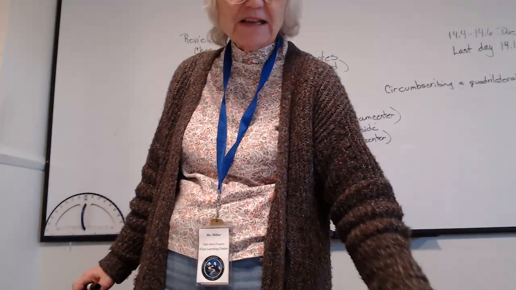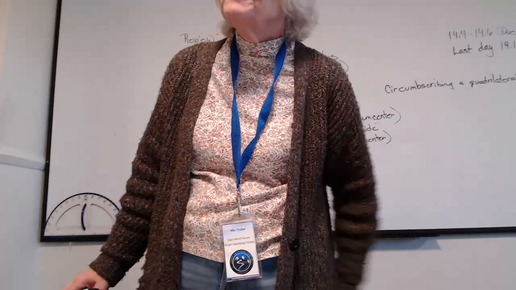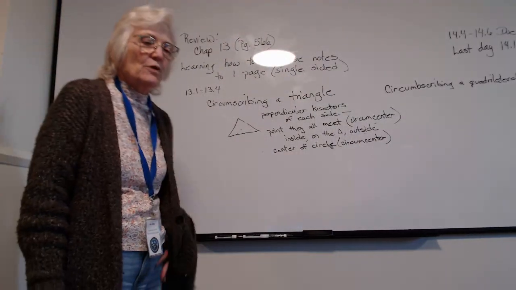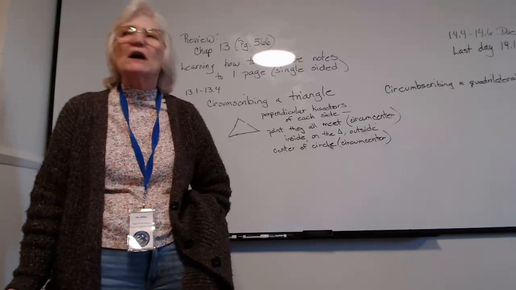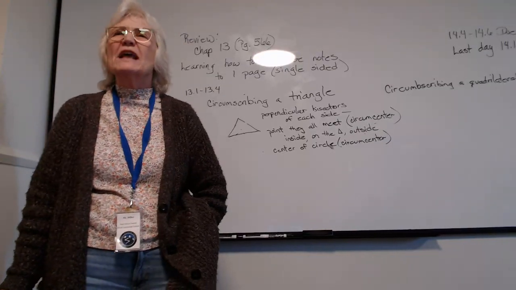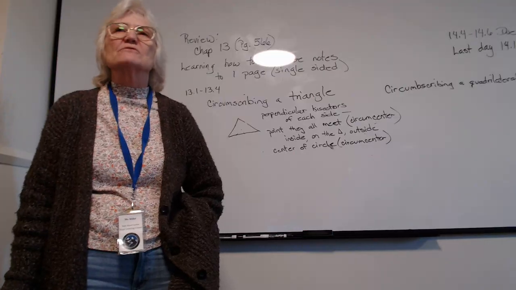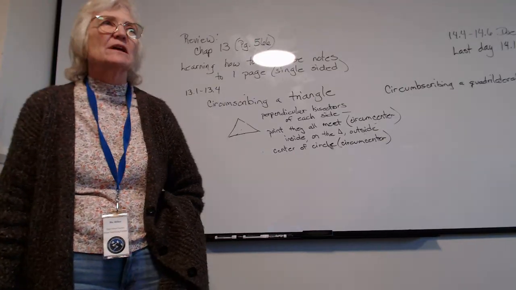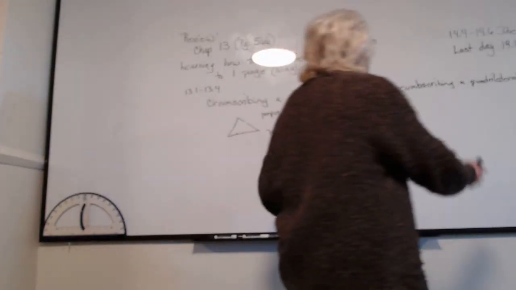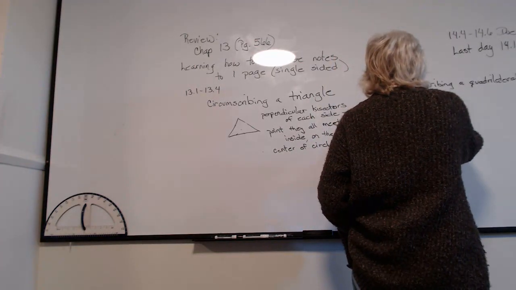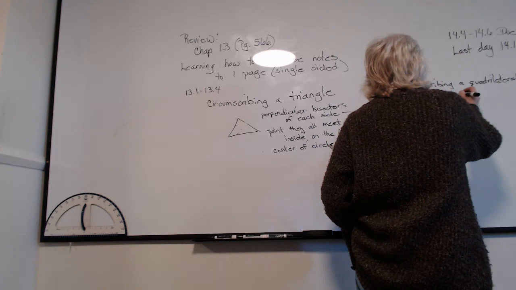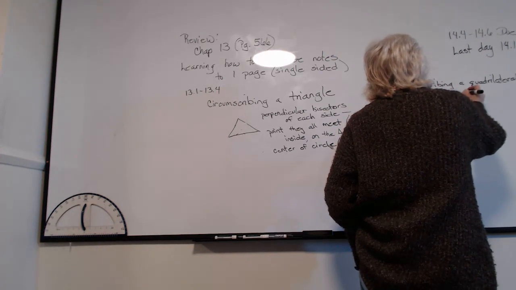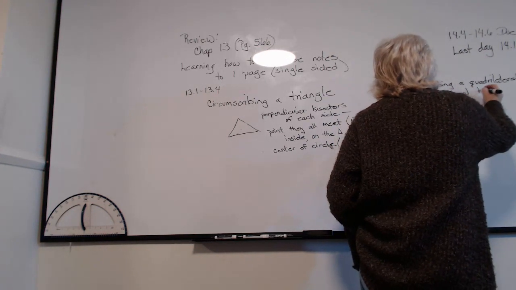A trapezoid, or a rectangle, or a square? Okay, so what does the actual thing say? What has to be true about your quadrilateral so that you know a circle can go around it? A quadrilateral has to have what to be circumscribed?